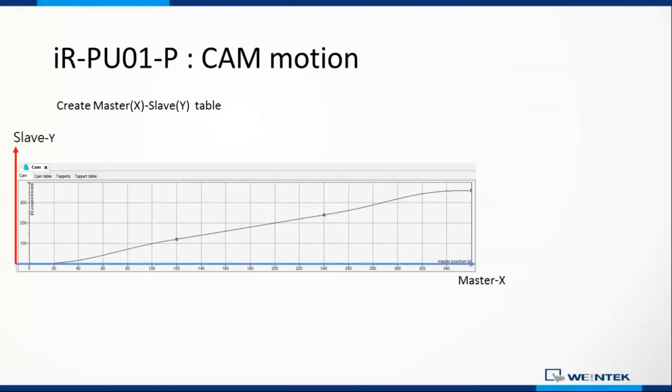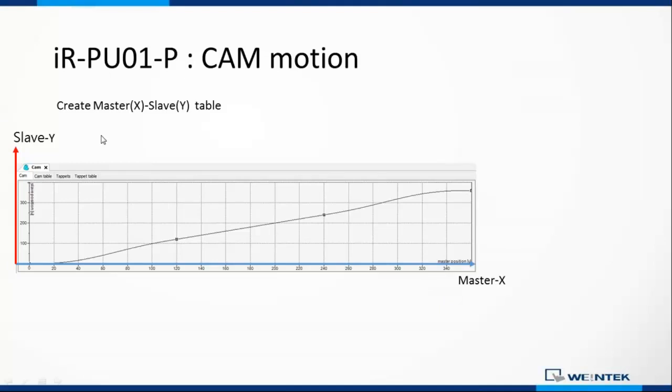The slave follows the master, moving to the corresponding position according to the CAN table. So before running CANmotion, we have to create the CAN table earlier. As you see, X represents the master, and Y represents the slave.